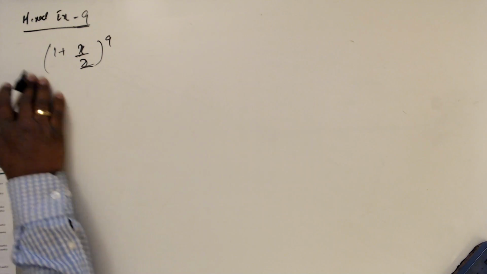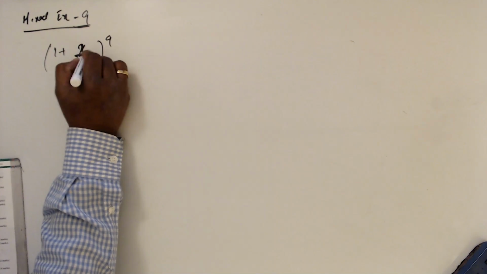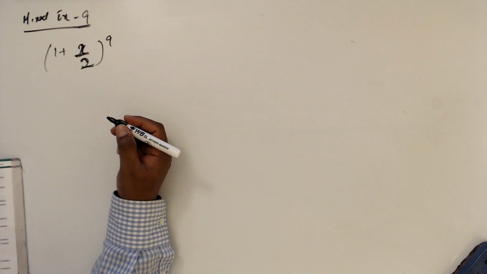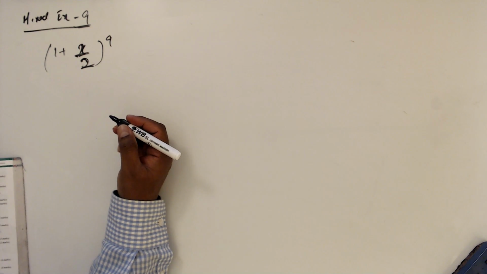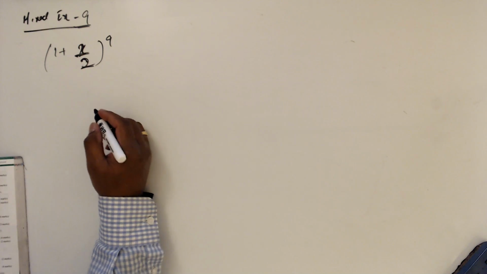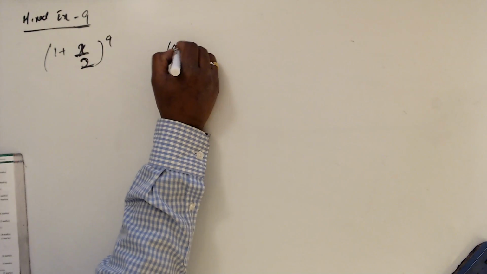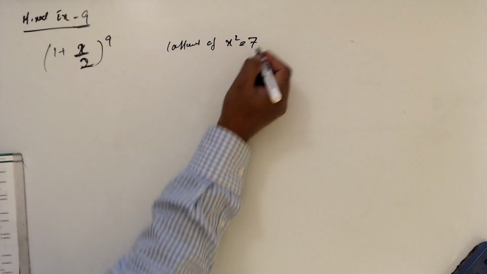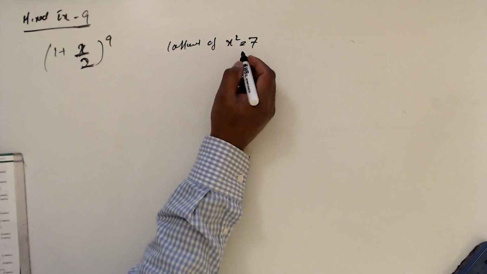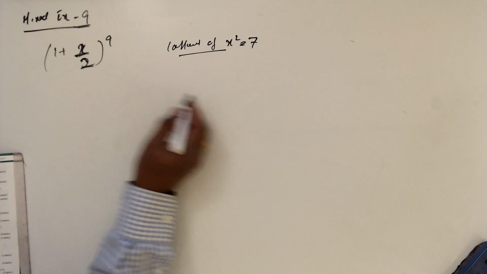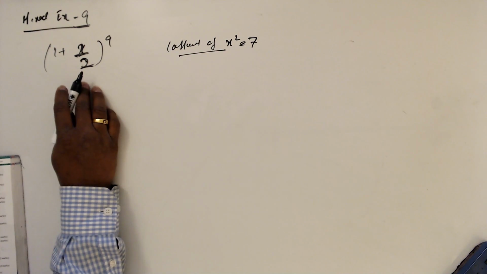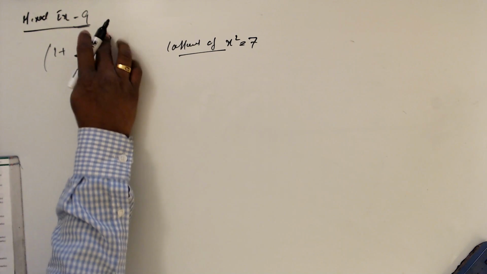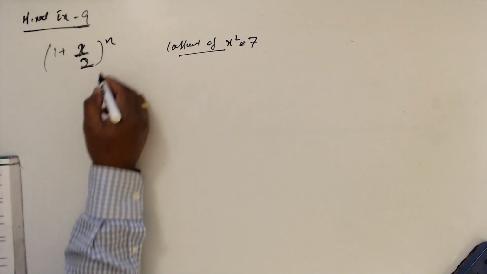Question number 9. (1 + x/2)ⁿ. The coefficient of x² is 7. So we'll find the coefficient of the x² term. Actually, this is not 9, this is n.